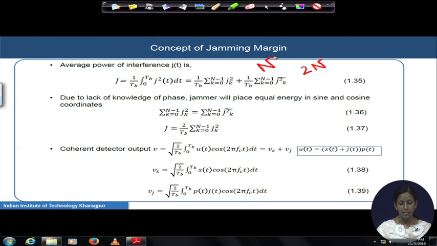With this understanding, let us enter into the coherent detector. Finally, this signal s(t) plus j(t) is getting detected inside the coherent detector.